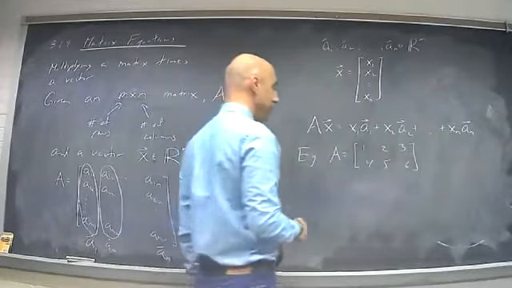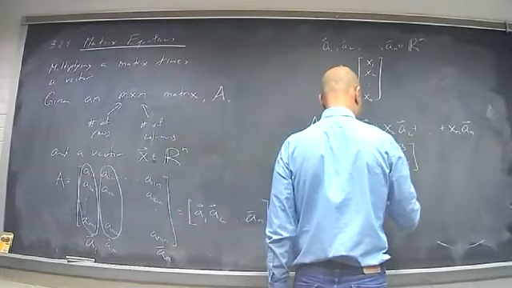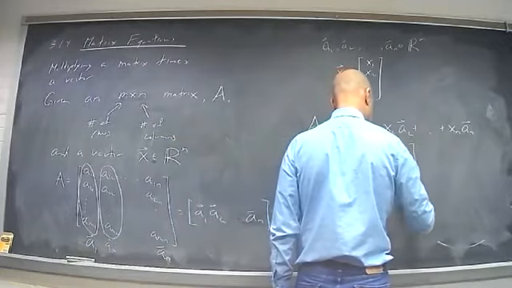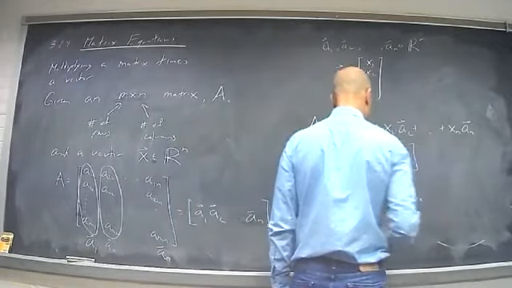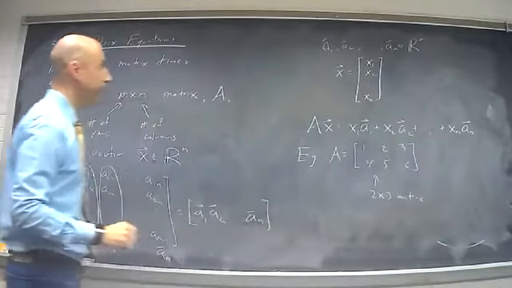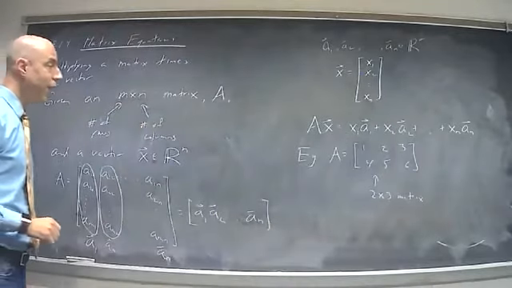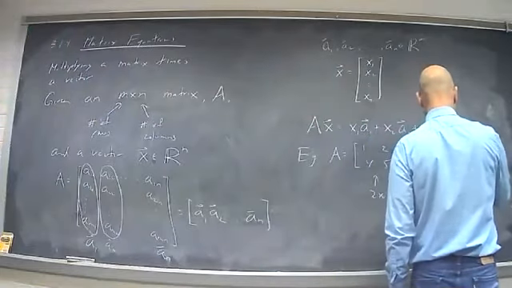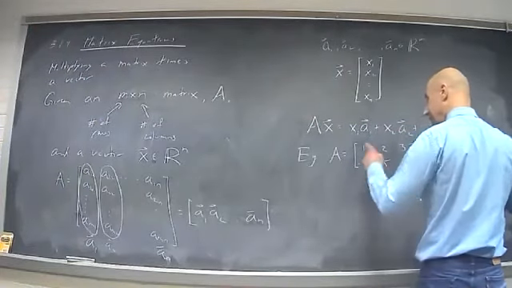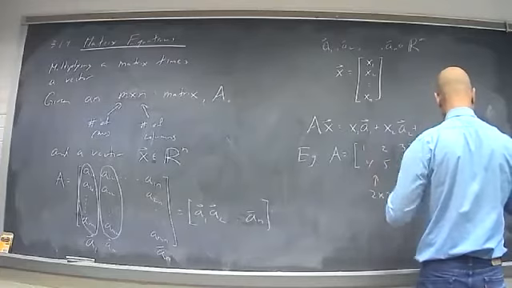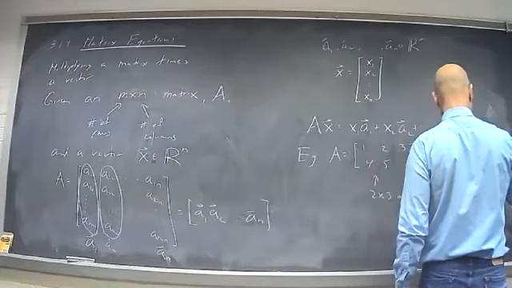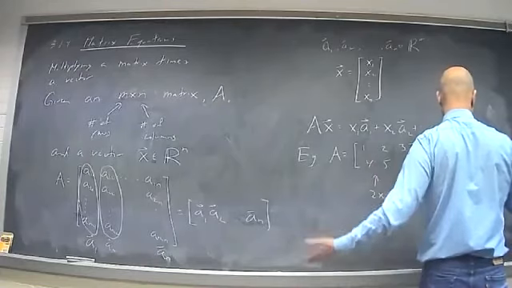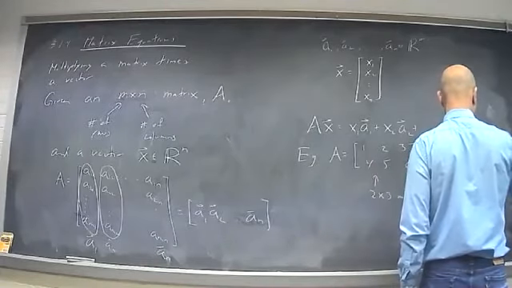So this is a 2 by 3 matrix. Two rows, 3 columns. And now if I give you a vector and I'm going to multiply A by X, that vector is going to have 3 entries because it has to have the same number of entries as this has columns. So how about 1, -1, 2.